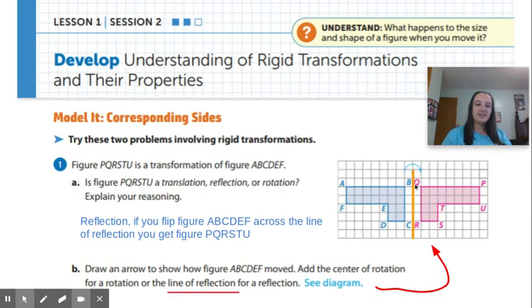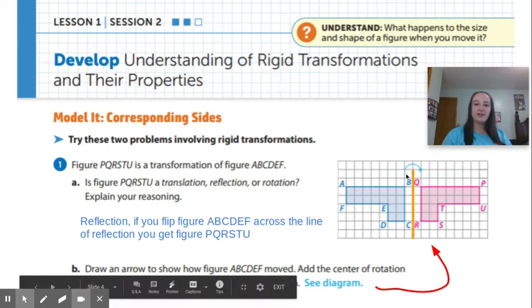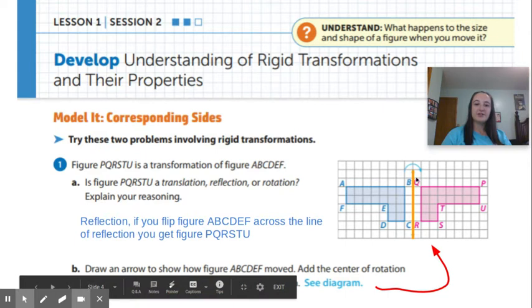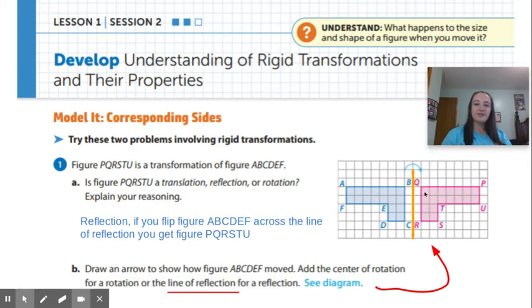We can see that it is a reflection because it is being reflected across this line of reflection. So go ahead and draw your arrow right here to show how it's being moved, and then draw your line of reflection down here because it's being flipped.